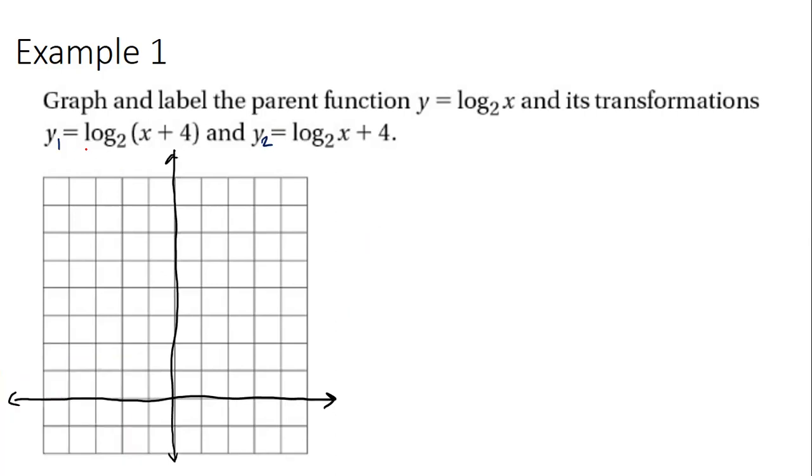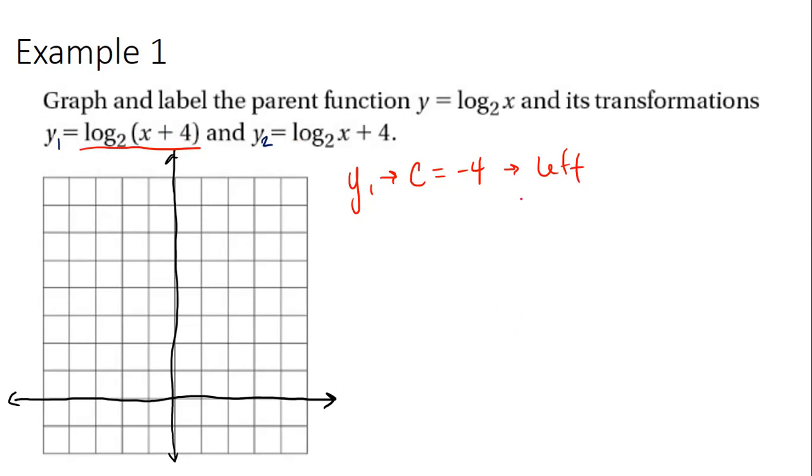All right, so we're going to do y1 first. Y1, what is y1 telling me? What transformation variable am I using? It's horizontal. Good job. So we know it's C, but it looks like a +4, but it's actually a what? A -4, which means that we're going to the left. Okay.